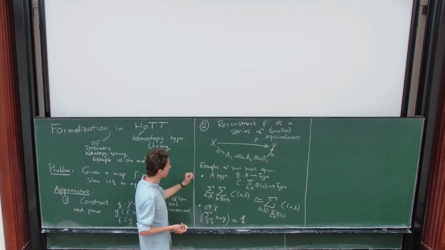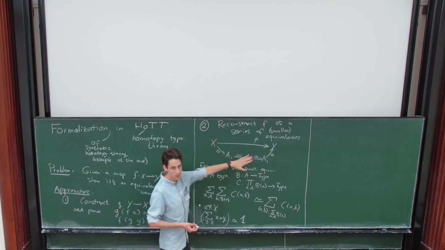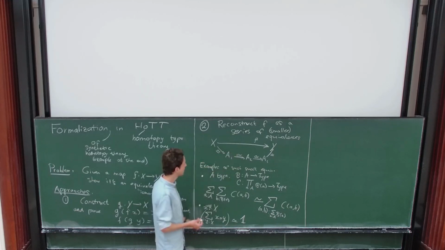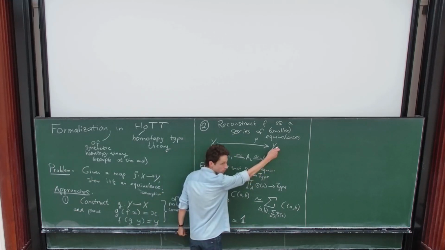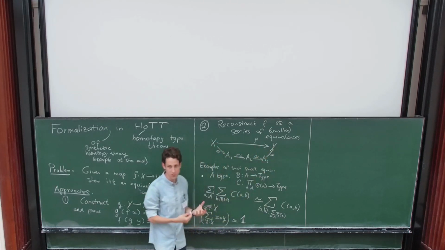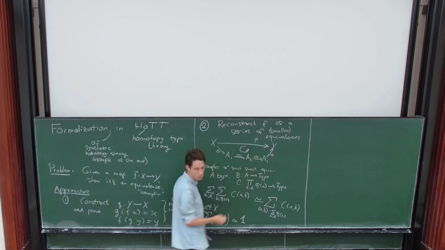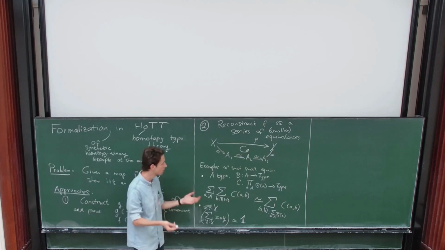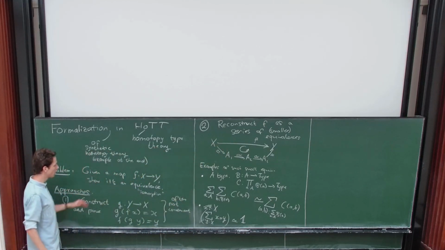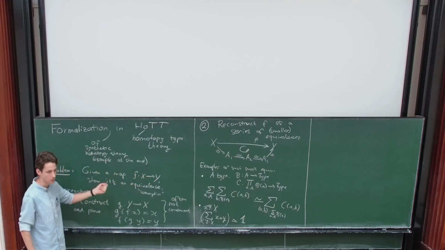Okay. Because I said I'm going to reconstruct F as this series of the small equivalences, but there's a small proof obligation here, which is actually that if I take this round trip, I get my map F back, right? I mean, over here, a priori, I just have some equivalence, but there is an obligation here to actually prove that the diagram commutes, right? That I actually reconstructed my original map F. Because the point of the problem is not so much to show that there is an equivalence between X and Y, it's showing that this particular map is an equivalence.